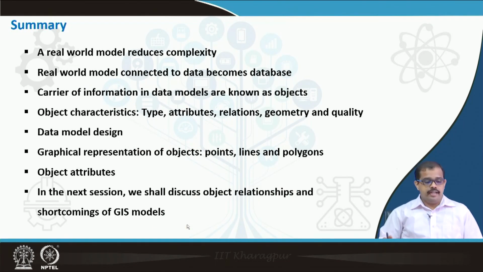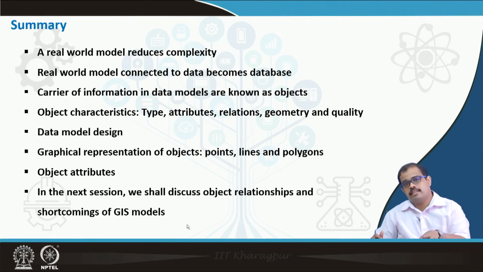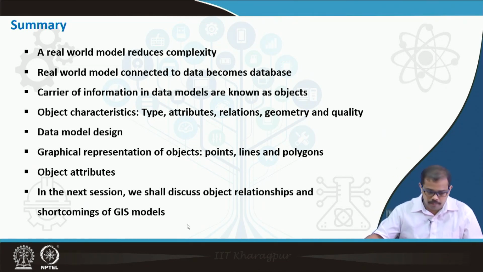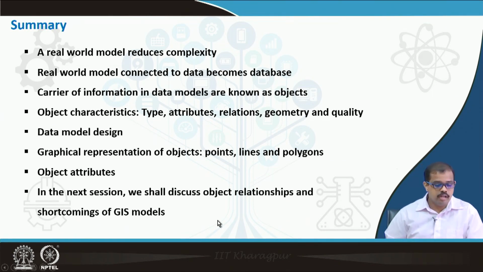To summarize this session, we have a real world model that has complexity, but you have to reduce the complexity in order to put it into a data model. So a real world model connected to data becomes a database. Once you have represented it in a data model, it becomes a database.